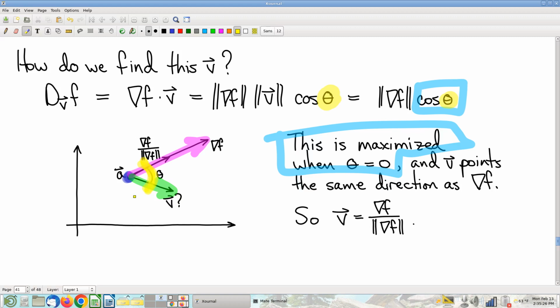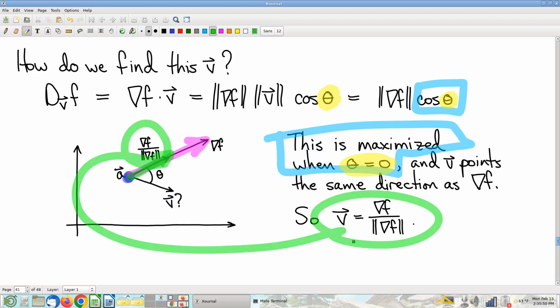So I want that theta to equal 0, which means I need to be going in the direction that the gradient vector points. So in other words, this picture is kind of wrong. I need to be going that way: the unit vector pointing in the direction of the gradient.